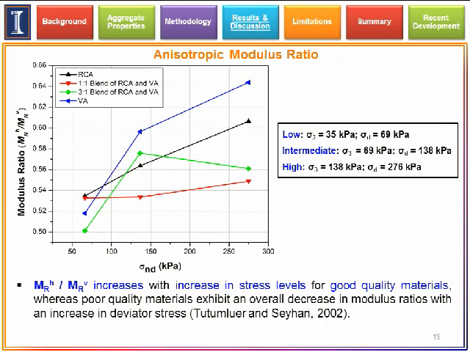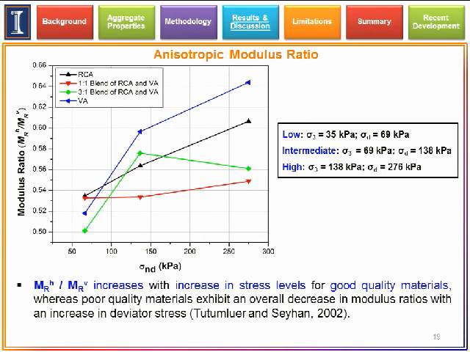It's generally experienced that this ratio increases with the increase in stress states for good quality materials, just like stiffening behavior, whereas poor quality materials exhibit an overall decrease or not so well increasing trend in modulus ratios with an increase in the deviator stress.